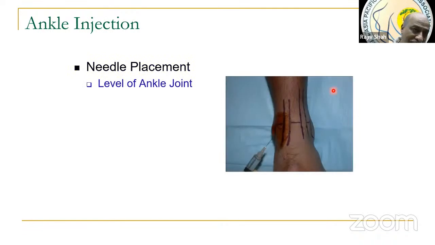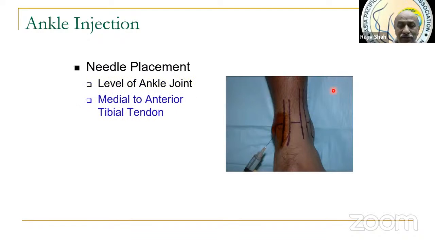Ankle injection, you could give either into the anteromedial space or into the anterolateral space. And for that you need to palpate the soft spot of the ankle. On the medial side, it is medial to the tibialis anterior. On the lateral side, it is lateral to the tendon of extensor digitorum longus.